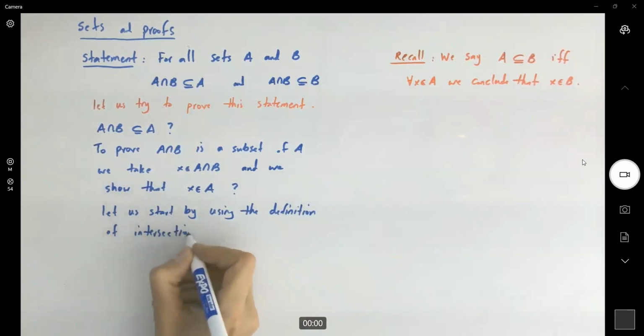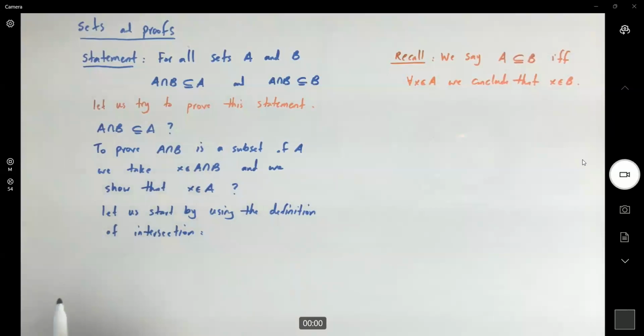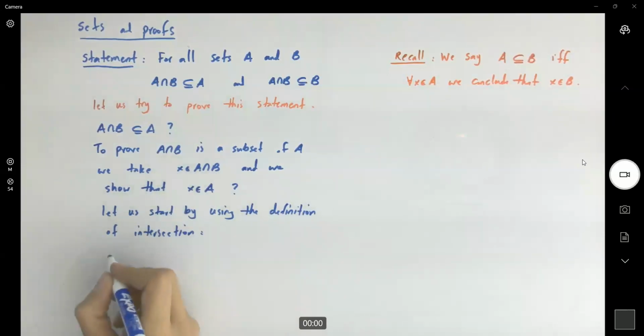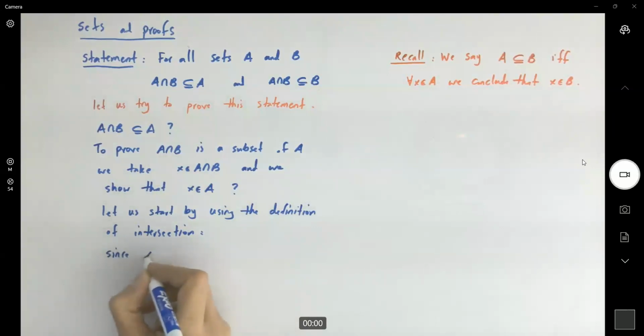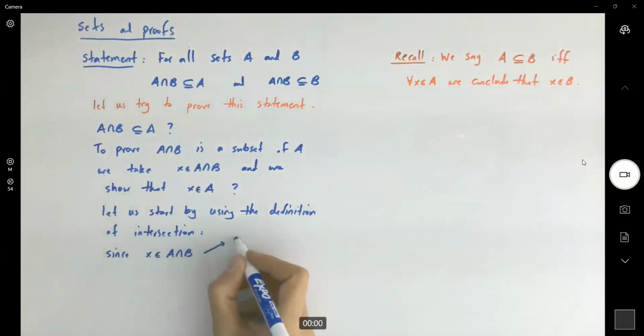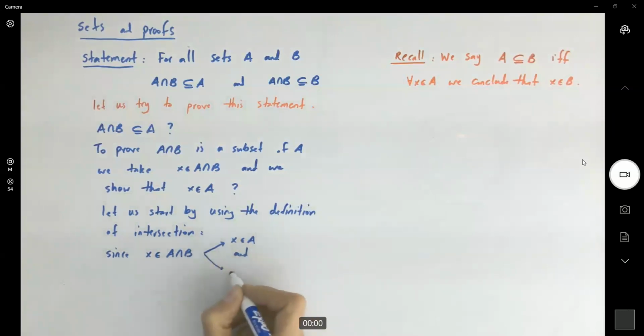Okay. How did we define the intersection? Since X belongs to A intersection B, by definition, X belongs to A, and at the same time, X belongs to B. Well, take a look at this.